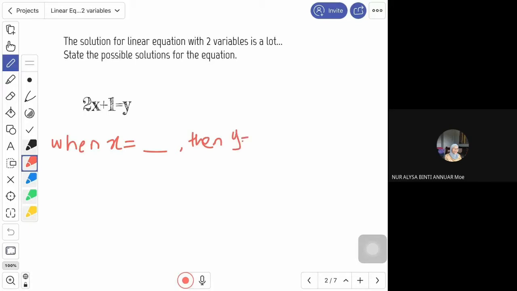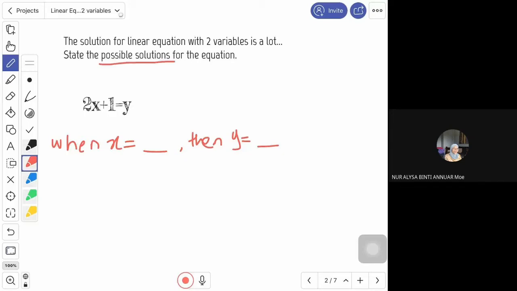Okay. So is there any restriction? Possible solutions. You can just choose any value. Whether you want to start with the value of y, then find the value of x, or you start with the value of x and then you determine the value of y.